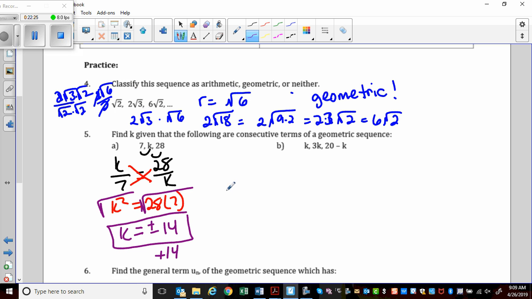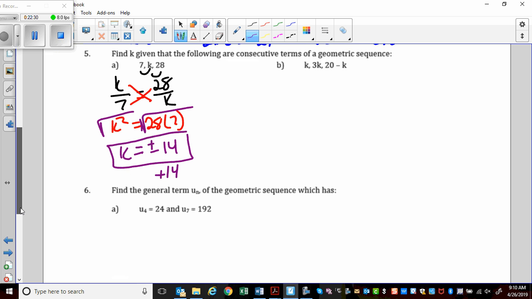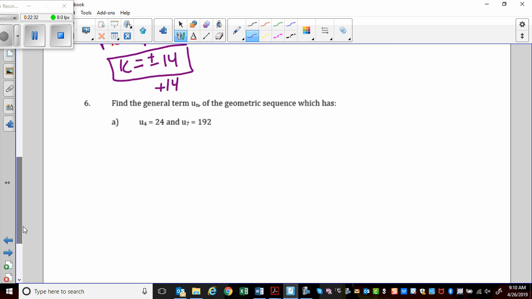I want you guys to try this one. You might have to factor, I'm not sure. Find the general term of the geometric sequence that has u sub 4 and u sub 7.